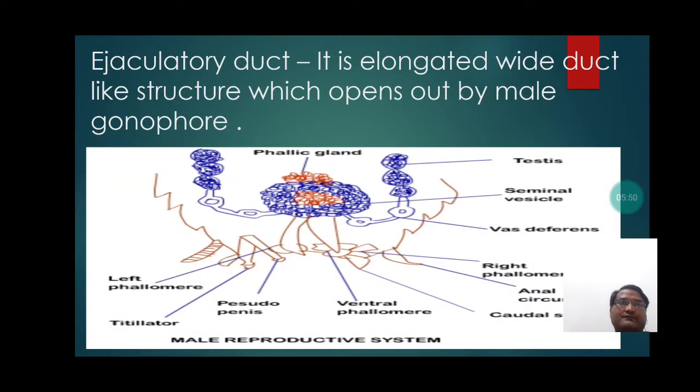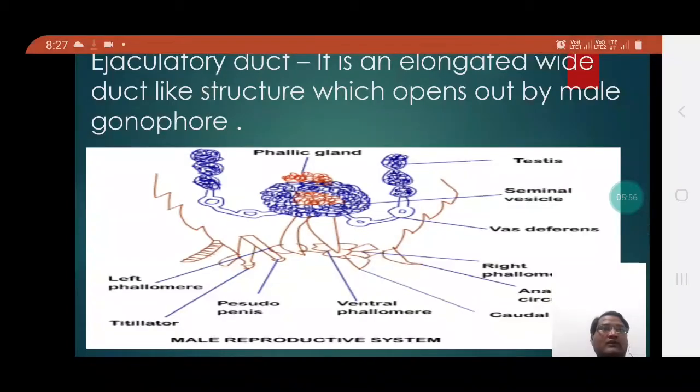Ejaculatory duct. It is an elongated, wide, duct-like structure which opens out by the male gonophore.